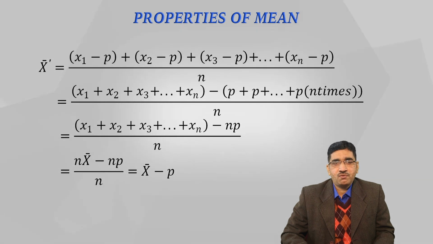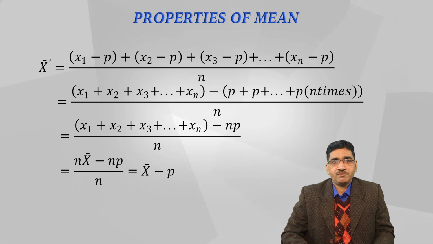We have seen from the last slide that the sum of all the observations is equal to n times the arithmetic mean. So, we place that value in place of the sum of all the observations: n times x bar minus n times p, divided by small n, and n will be separated and cancelled with the small n in the denominator.